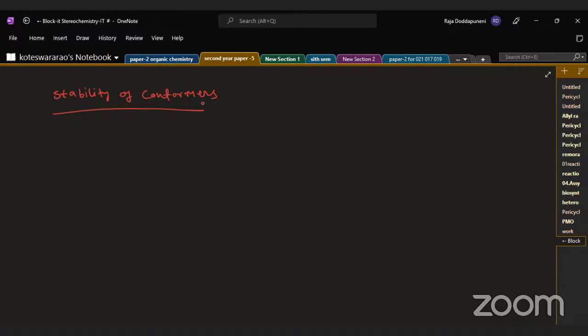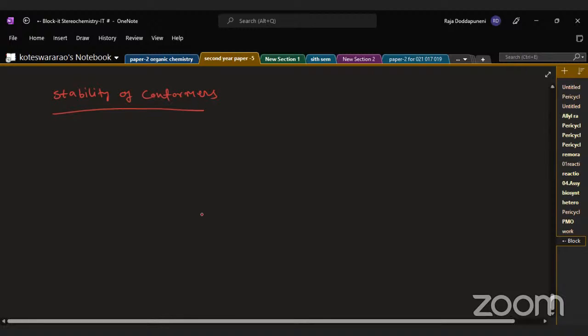When two bonds attached to adjacent carbons are eclipsed to each other, there will be repulsive interactions between the electron clouds of the bonds. Previously I mentioned this structure in the Newman projection formula.